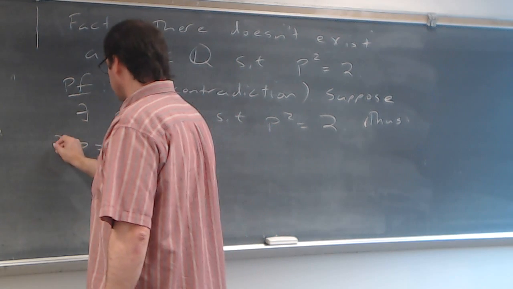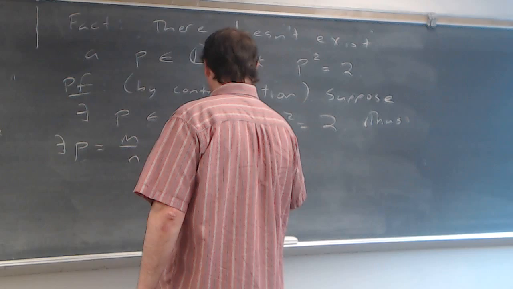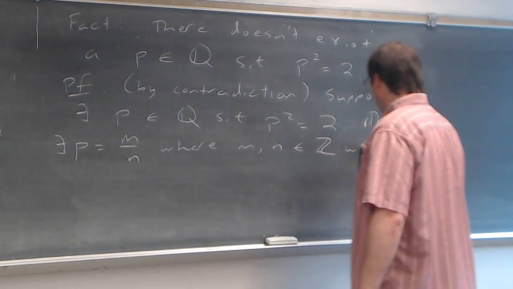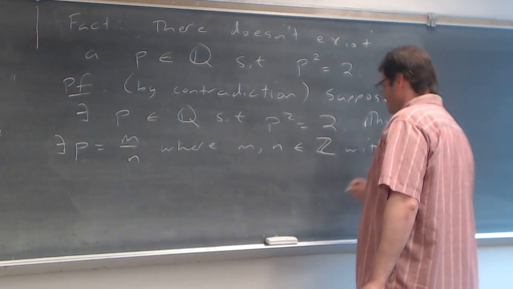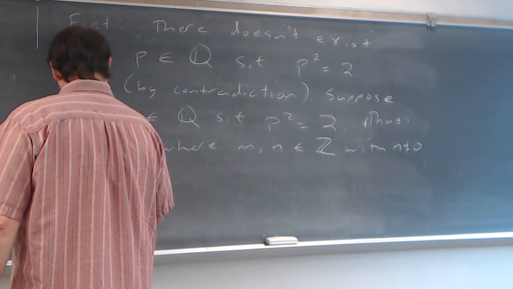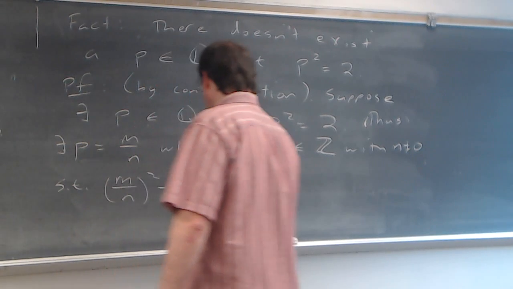And so I'll say, thus there exists a p equal to m over n, where m and n are integers, with n being different than 0, such that (m over n) squared equals 2.